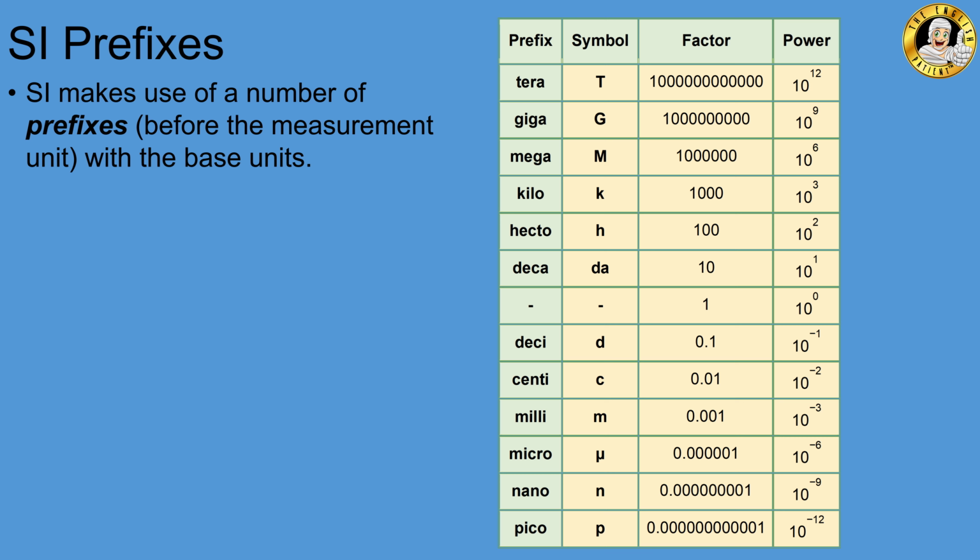Micro, and this is a U with a line on the left side going down as well, would be 10 to the power of minus 6. And nano is a small n, 10 to the power of minus 9. And pico is 10 to the power of minus 12.